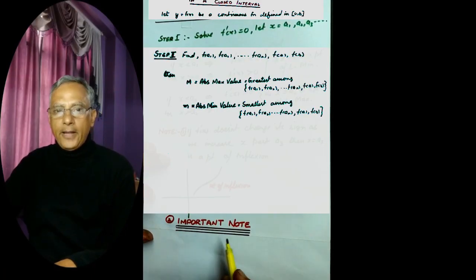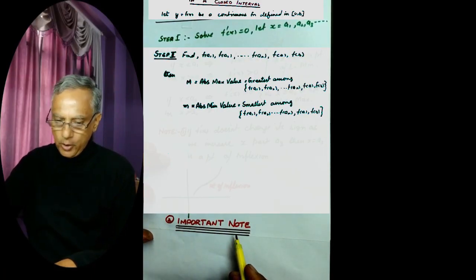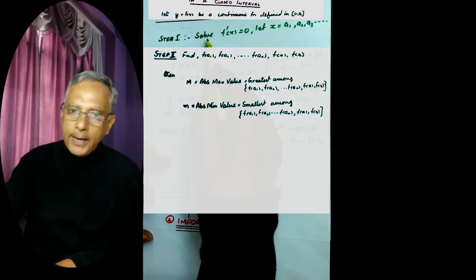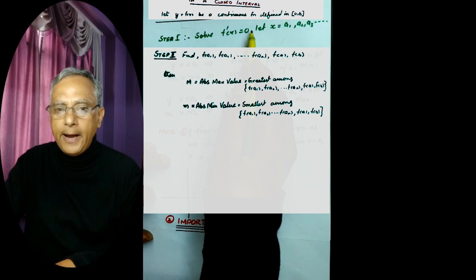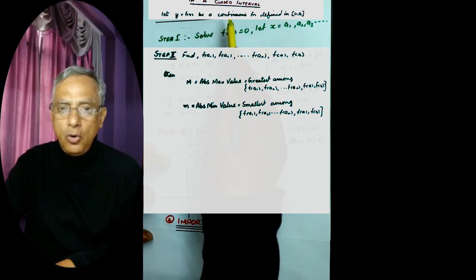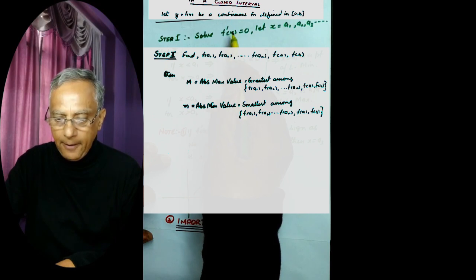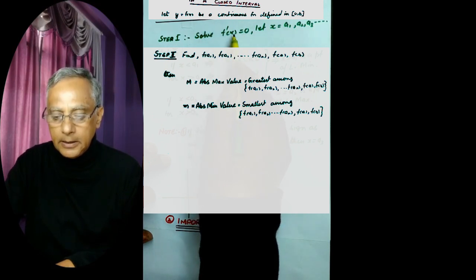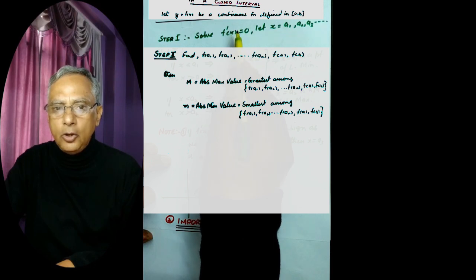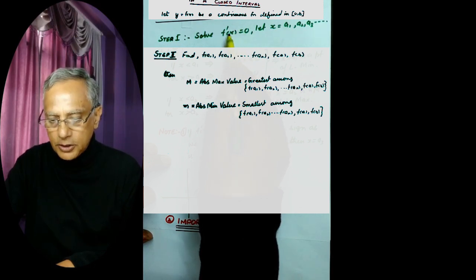Now next is a very important note. If in step 1 f'(x) is not defined at some points and those points belong to the domain, that is, f'(x) is not defined but f(x) is defined, then we must also consider these points.